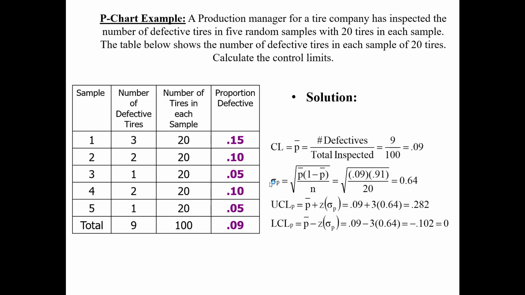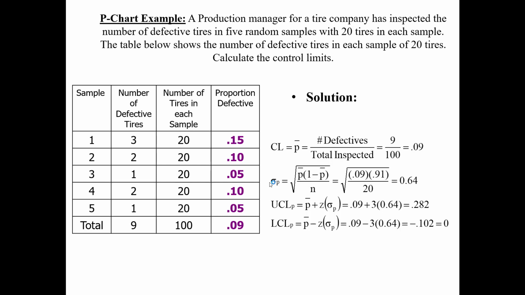Before going further, to explain the concept of the P chart, I'm going to solve a very simple example. A production manager for a tire company has inspected the number of defective tires in 5 random samples with 20 tires in each sample.